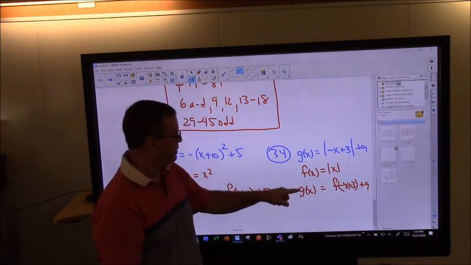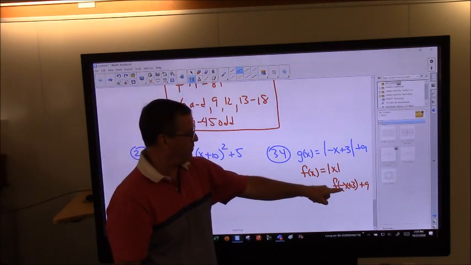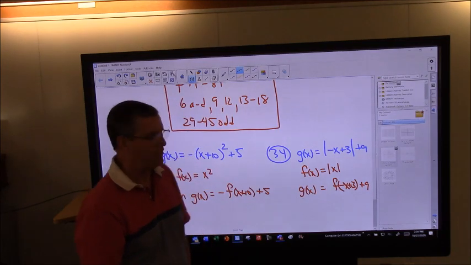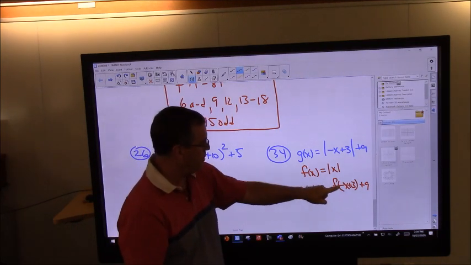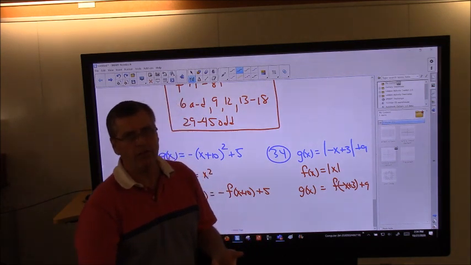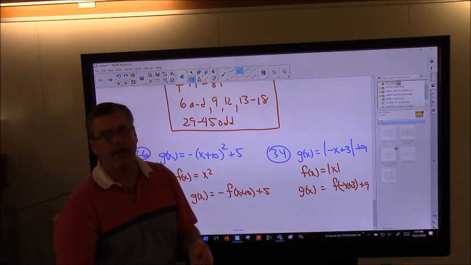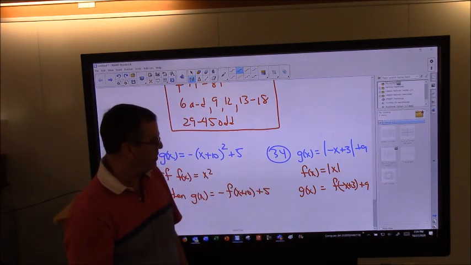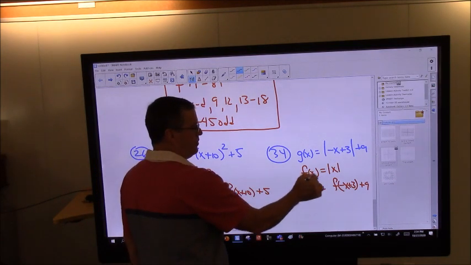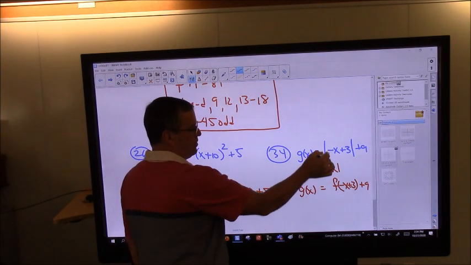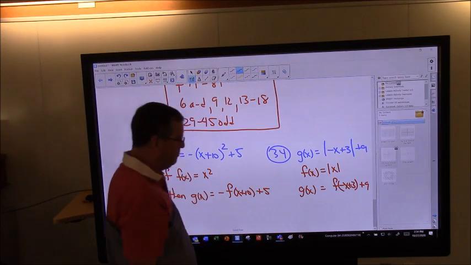That's it. I've now written g in terms of the function f, whatever that parent function is. If I just said g of x equals this, we wouldn't know if it's a parabola or a square root or an absolute value or a step function, but we're defining it right here, so now we know, and we're defining it based on what we see here. Okay?